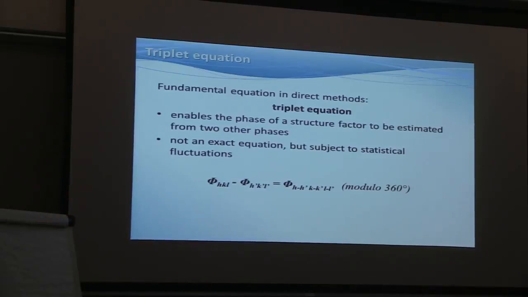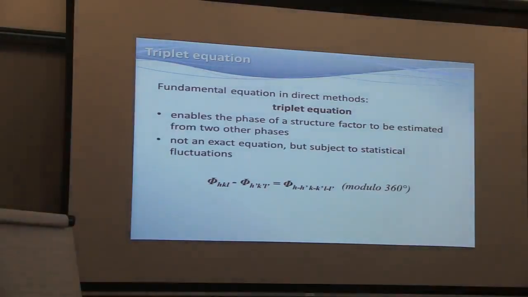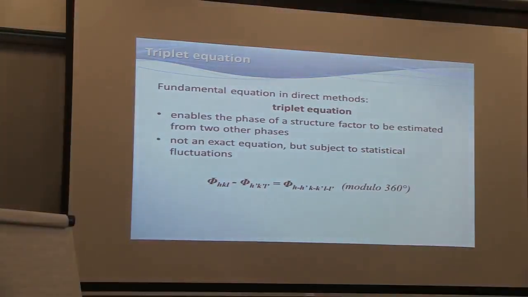So the equation is phi HKL minus phi H prime K prime L prime. So these two should be 2 strong reflections, equals phi H minus H prime, K minus K prime, L minus L prime.